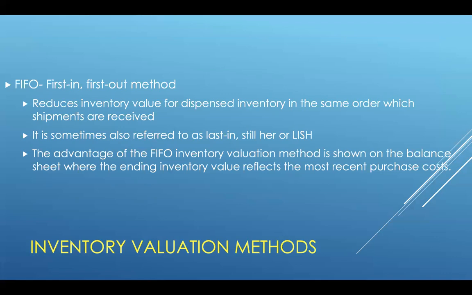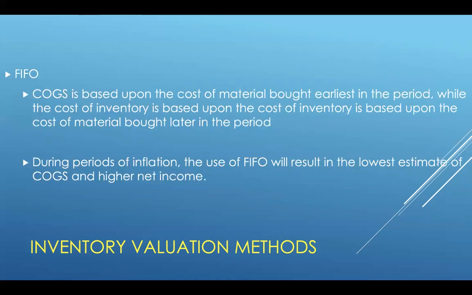So we have FIFO, which stands for first in, first out method. This reduces inventory value for dispensed inventory in the same order for which shipments are received. The advantage of a FIFO inventory valuation method is shown on the balance sheet, where the inventory value reflects the most recent purchase costs.